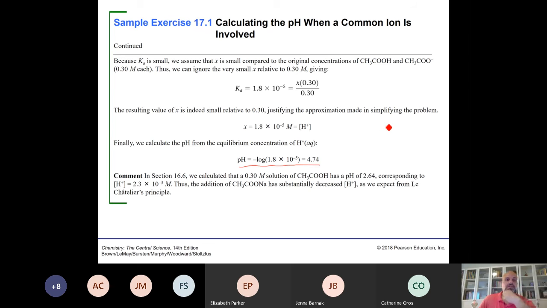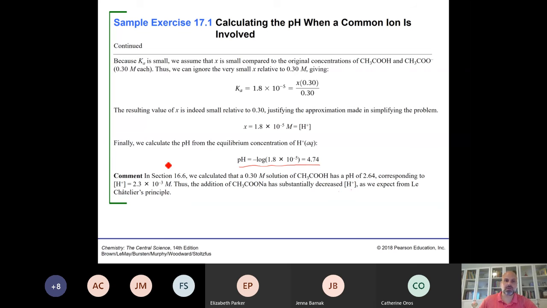So, in section 16.6, we calculated that a 0.3 molar solution of acetic acid has a pH of 2.64, corresponding to a proton concentration of 2.3 times 10 to the minus 3 molar. Thus, the addition of sodium acetate has substantially decreased the proton concentration, as we expect from Le Chatelier's principle.